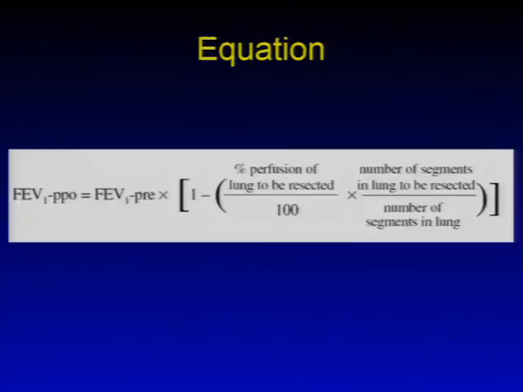Your predicted postoperative FEV1 is equal to the preoperative FEV1 times 1 minus, in parentheses, the percent perfusion of the lung to be resected over 100 times the number of segments in the lung to be resected over the number of segments in the lung.